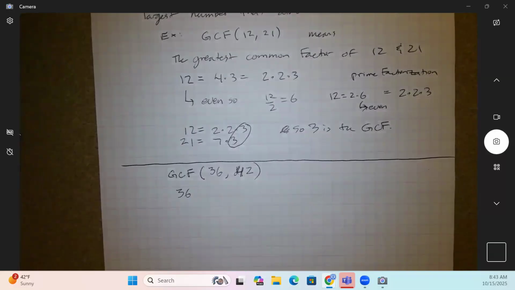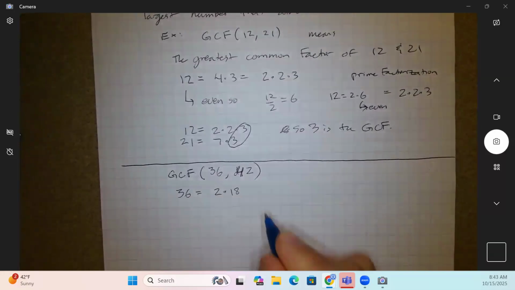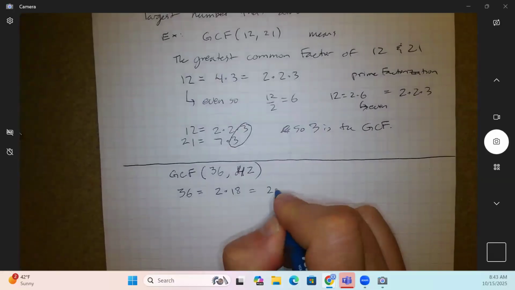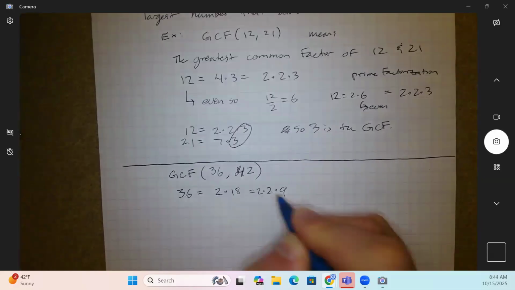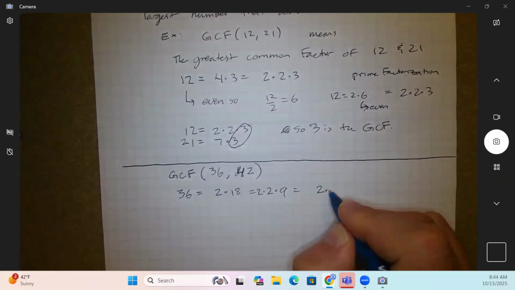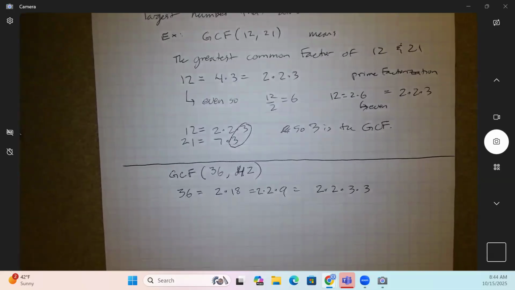If I want to factor 36, maybe I start with the easiest factor, which is 2, right? It's even. So 36 is 2 times 18. 18 is still even. So it's 2 times 2 times 9. And 9 I know is 3 times 3. So my prime factorization of 36 is 2 times 2 times 3 times 3.